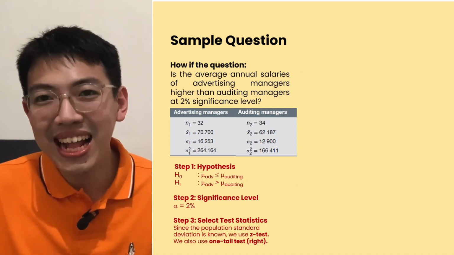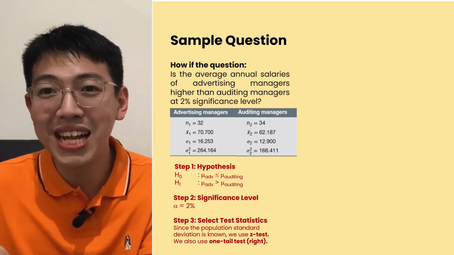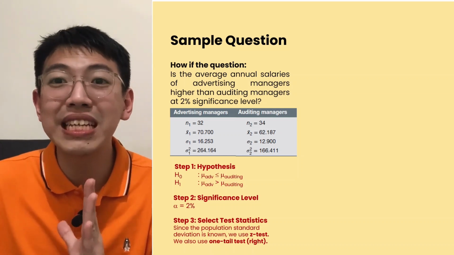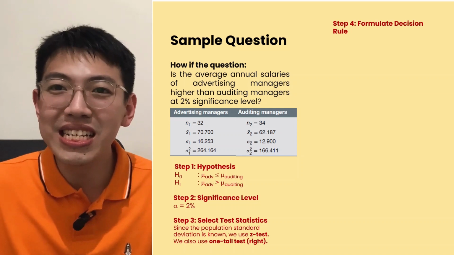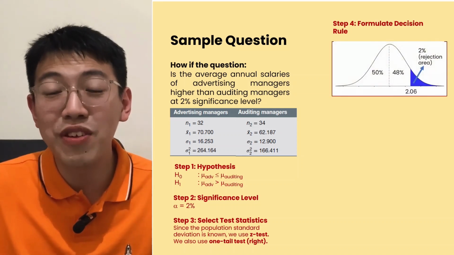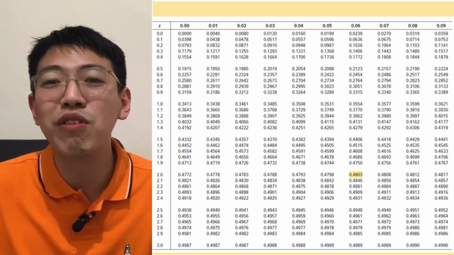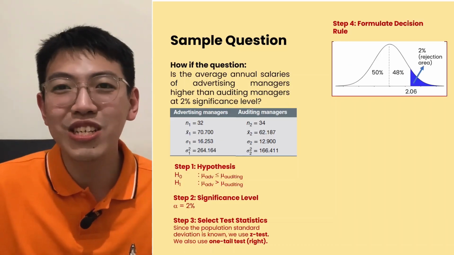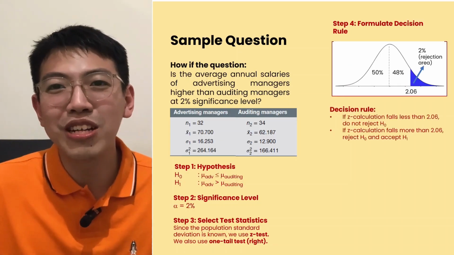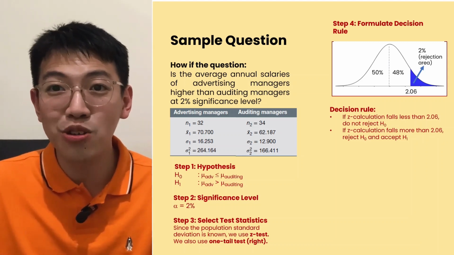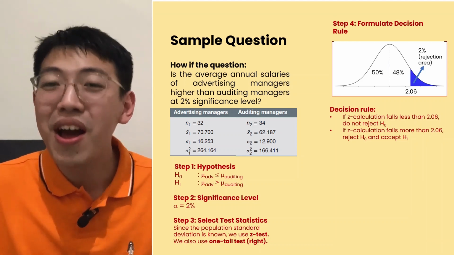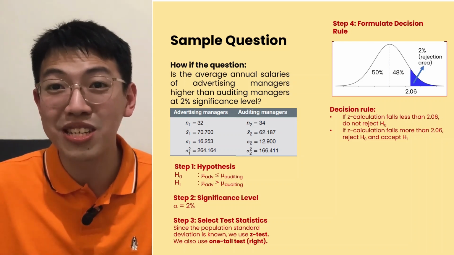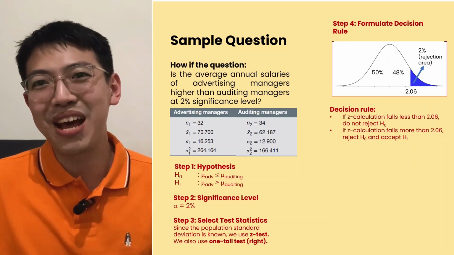The tail area in the right will be 2%, so the white area in the half side of the bell curve will be 48%. Using the Z table or Microsoft Excel, we can find that the Z critical will be 2.06. Therefore, the decision rule: if the Z calculation is less than 2.06, do not reject H0. But if the Z calculation is higher than 2.06, reject H0 and accept H1.